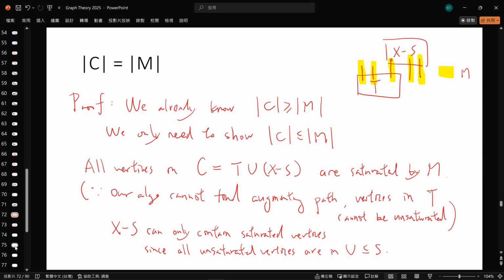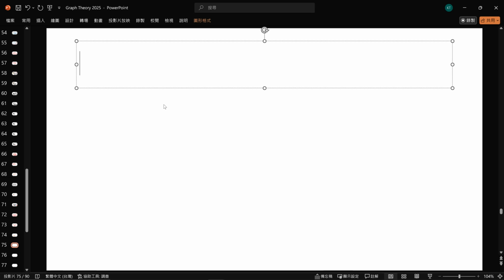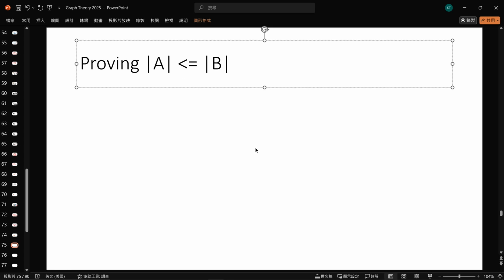Whenever you want to prove a set, say A, is smaller than the other set B, you can do the following, okay? You have two sets, A and B. You want to prove that A is smaller than B.